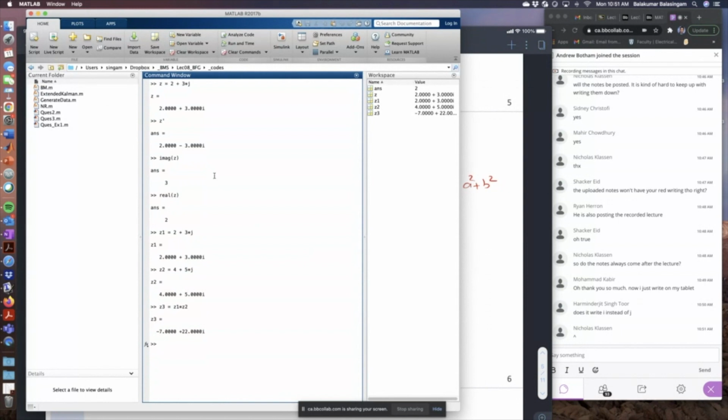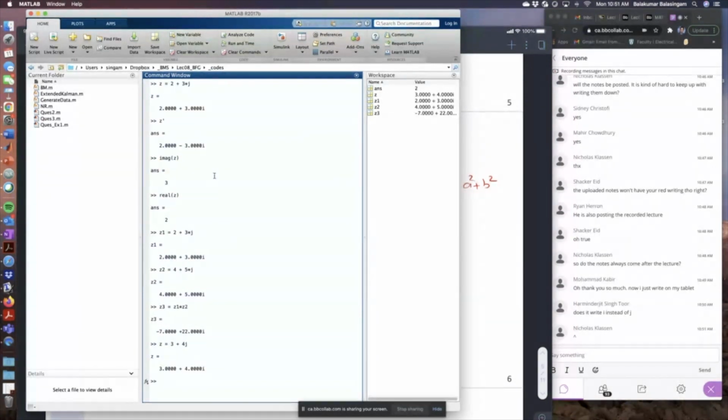You can write i instead of j, that is correct. For example, S is 3 plus 4j without even multiplying. Yes, you can do that.